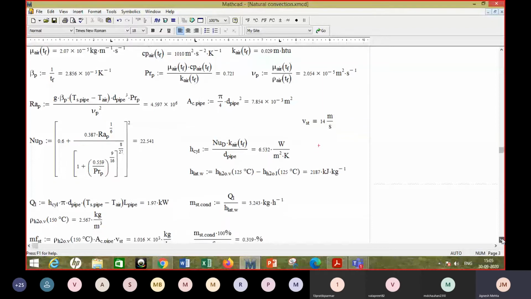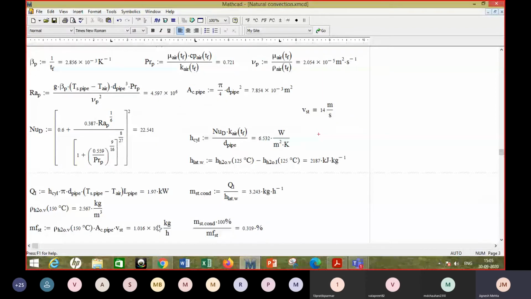So in that case, this is the latent heat, and now your Q is equal to h into A into delta T, right? So A is pi d l, and h is already found. Temperature difference is also known, 125 minus 29. So the heat transfer rate or heat loss rate is coming out to be 1.97 kilowatt.